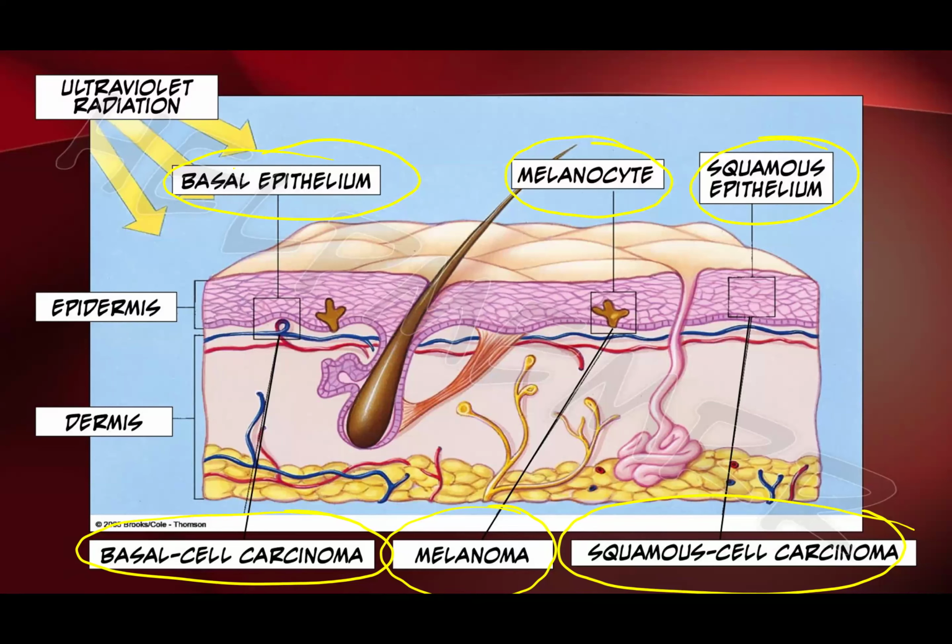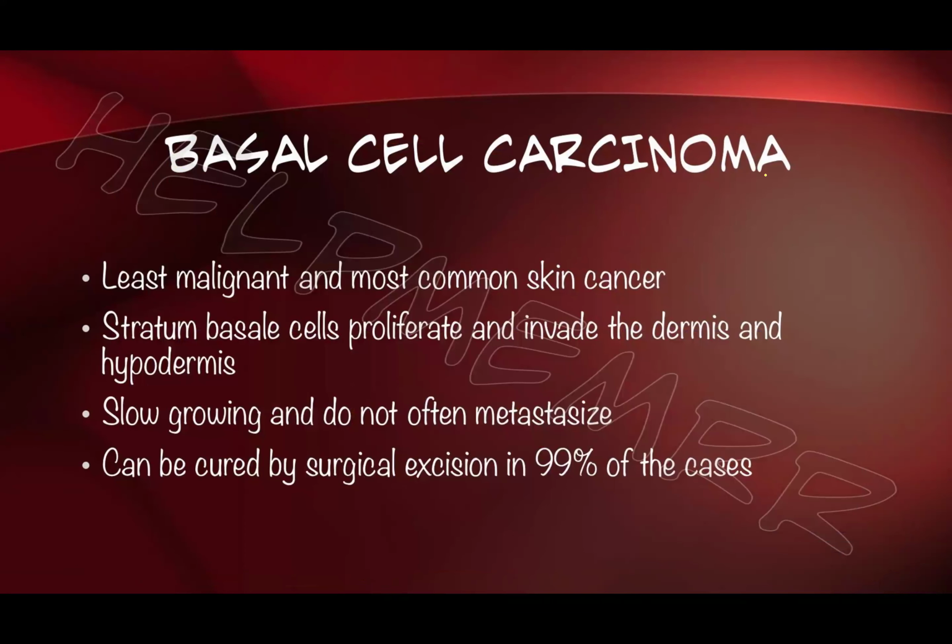Now, each one of them has its own kind of issues that go along with it, something that we should be aware of. So the basal cell carcinoma, the thing about this is that it's the least malignant, but it's the most common skin cancer. The stratum basale is that cell layer that is going to be the stratum germinativum, right?